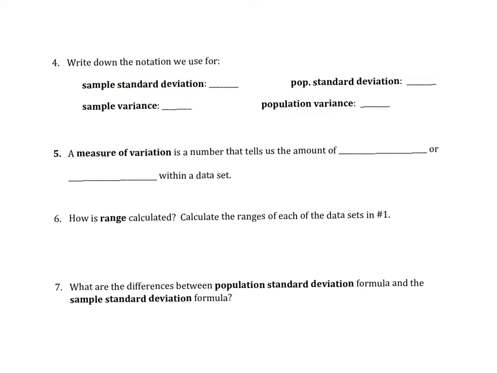The sample standard deviation is denoted by S. If the standard deviation comes from a population, the population standard deviation is denoted by sigma. Again, it looks like a 6 kind of sideways.